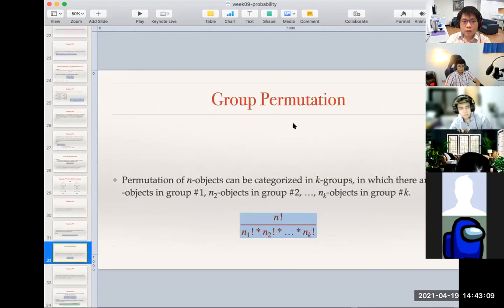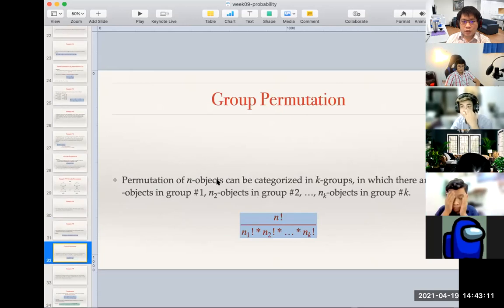Group permutation is a permutation of n objects that can be categorized in k groups, in which there are n1 objects in group number 1, n2 objects in group number 2, until nk objects in group number k.